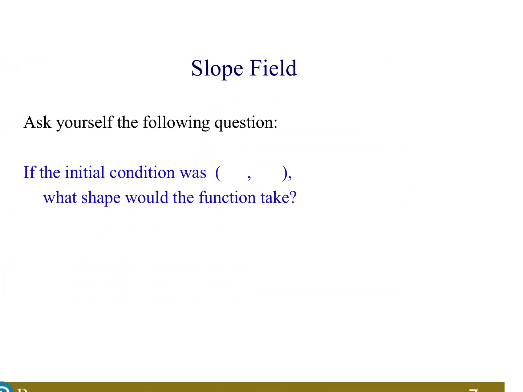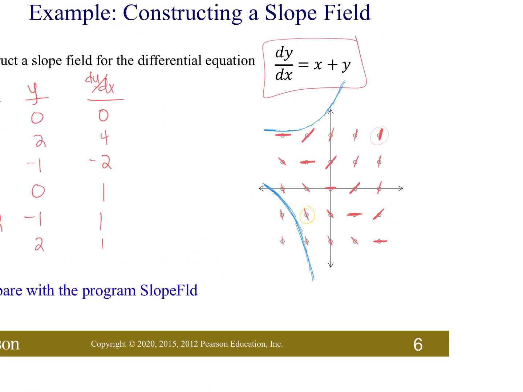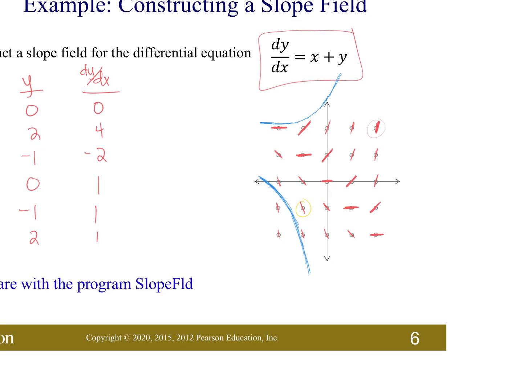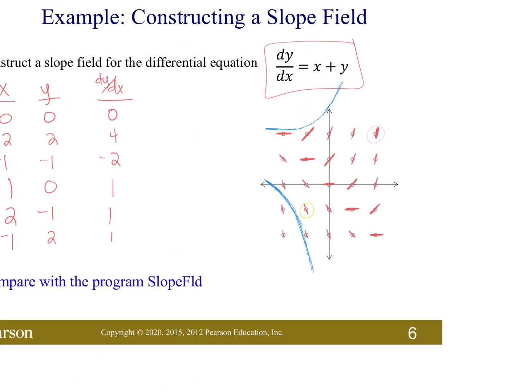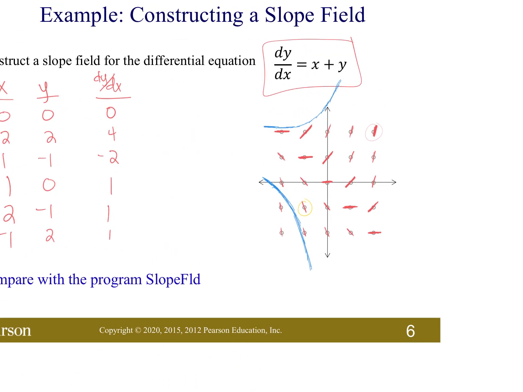So then you'll be asked, if we give you an initial condition, blank, blank, all right? So for example, if I gave you the initial condition negative 4, 0. If we entered this equation at negative 4, 0, we would be swept up in the negative concavity current of our graph.